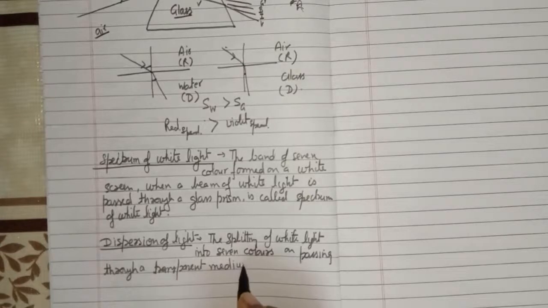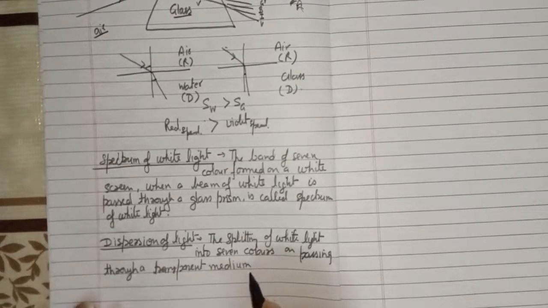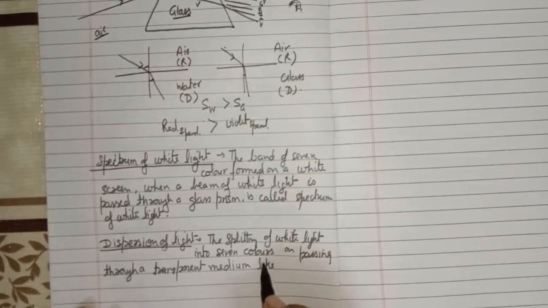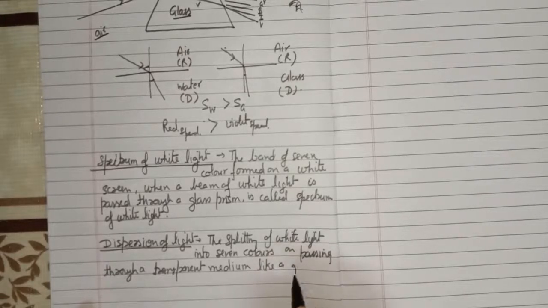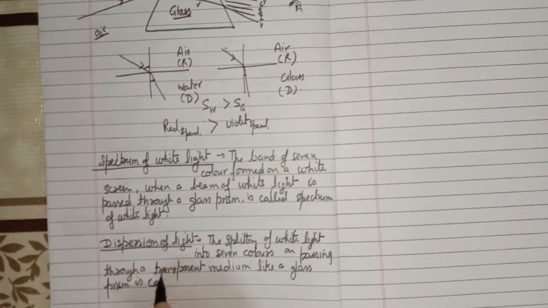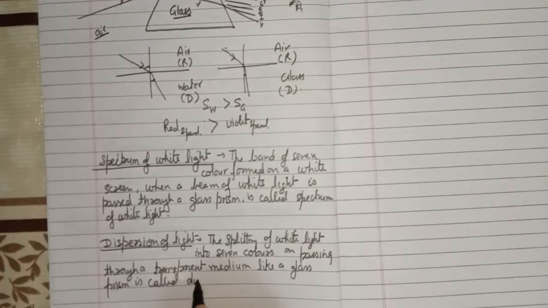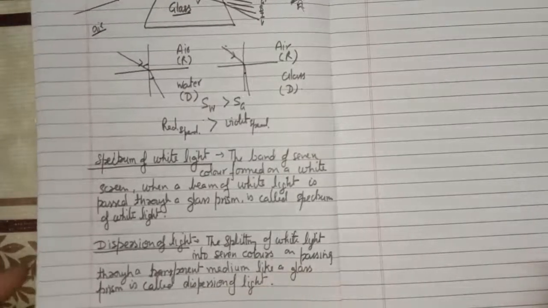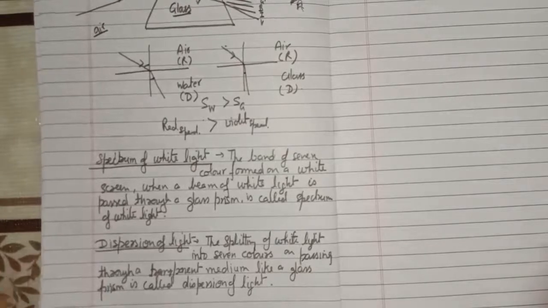Okay, this medium can be glass, it can be water, it can be any transparent medium which should be denser, like a glass prism. This is called the dispersion of white light. Okay, so this is the definition of the dispersion of white light.